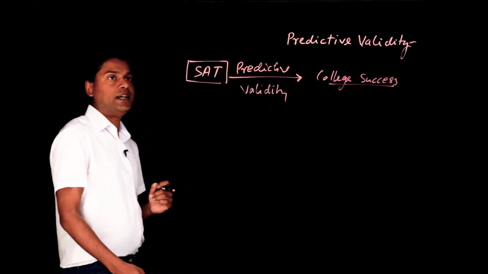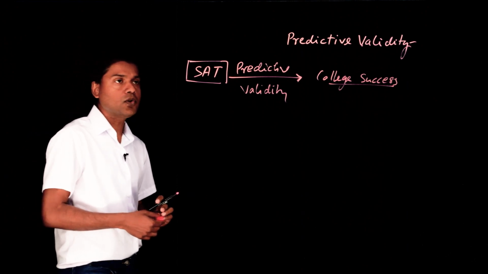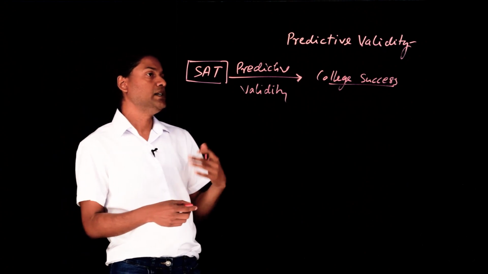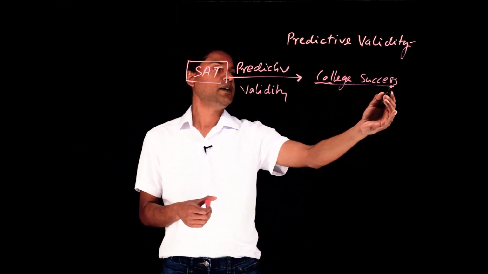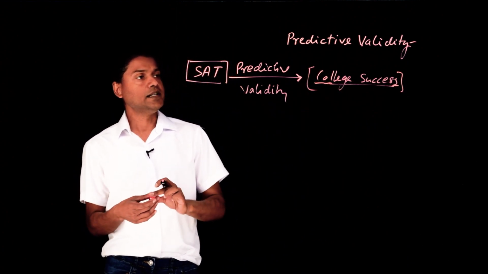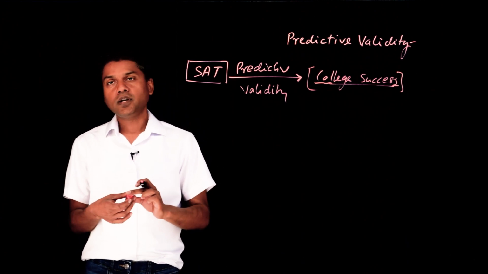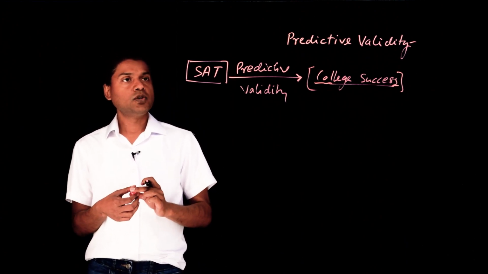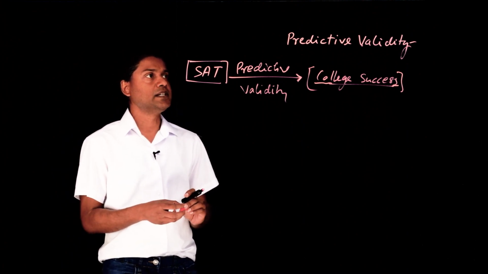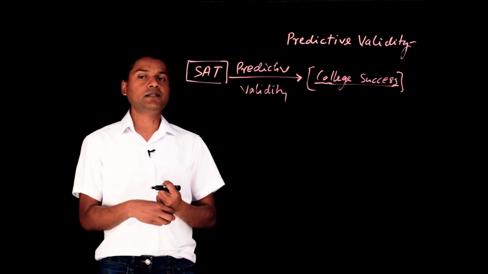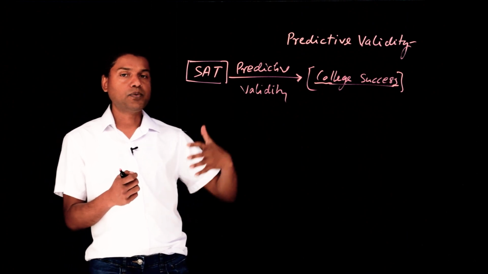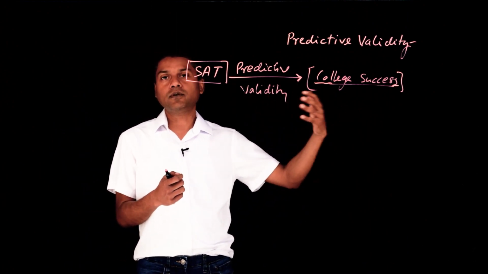And that's why this test is widely accepted by all the colleges and universities, because it helps them to predict very well who has a better chance of being successful in college, and that's how they use it as a criteria to give admissions in their undergrad programs. So if you look at the SAT test and read its manual, it shows a high level of predictive validity. So predictive validity refers to the extent that a test can predict future outcome, future behavior.